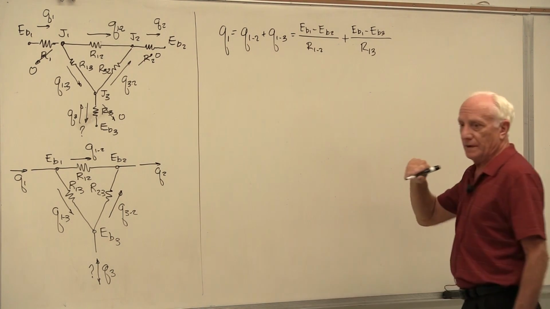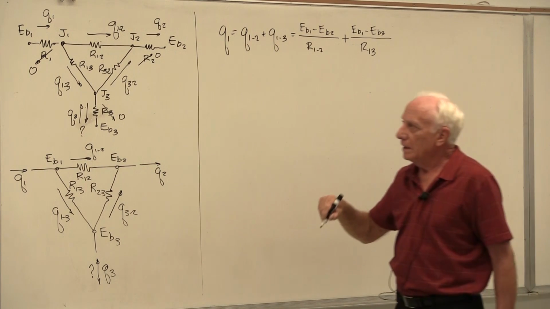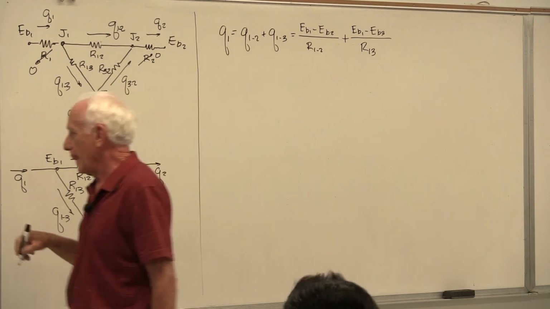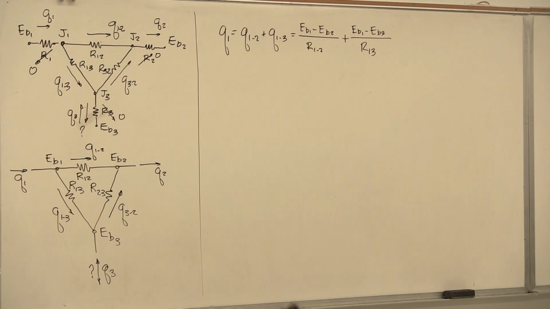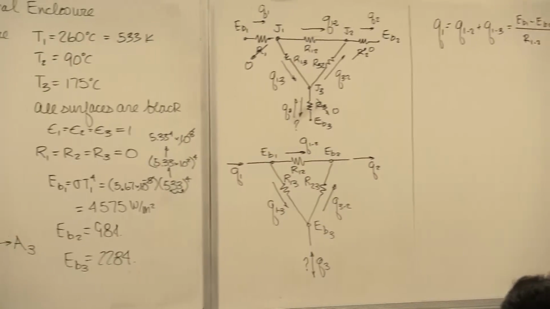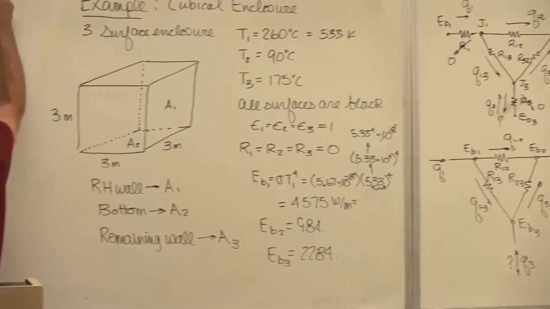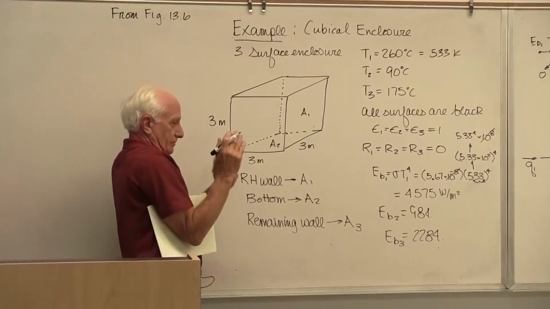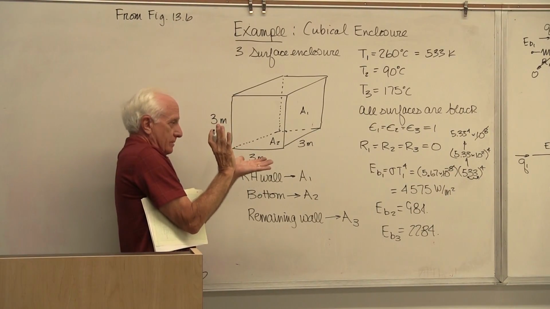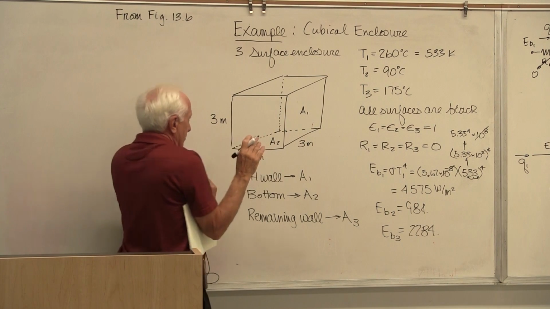Okay, so I'm going to find the R's. I think I need all that board space over there, so I'll put the R's over here. From figure 13.6, two rectangles with a common edge at right angles, A1 and A2.